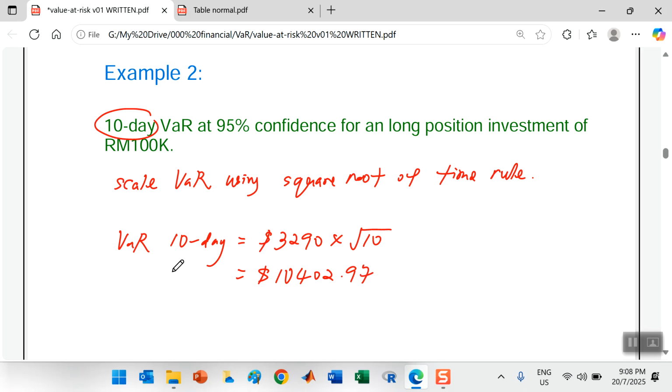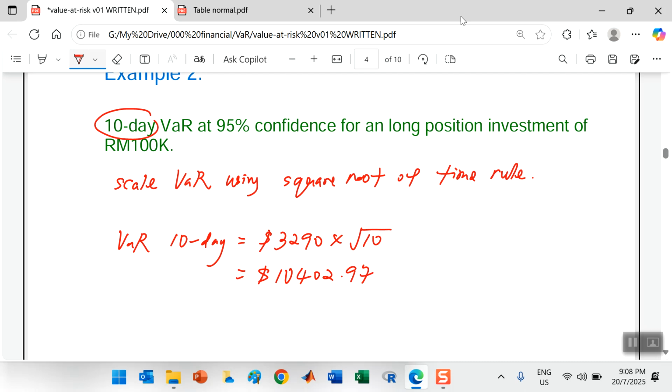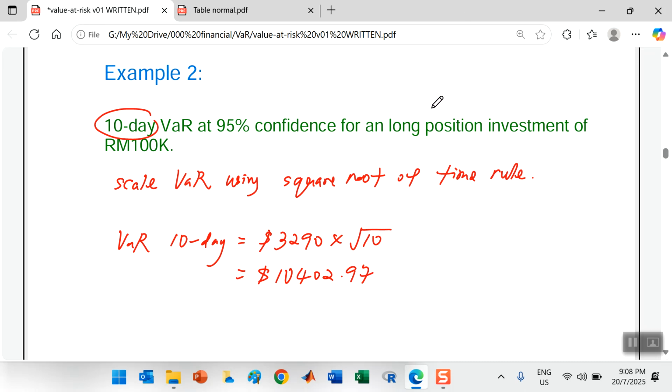This is the amount of money you're going to lose over 10 days. So this is the 10-day VAR, at a 95% confidence level. Sometimes they say 5% VAR.